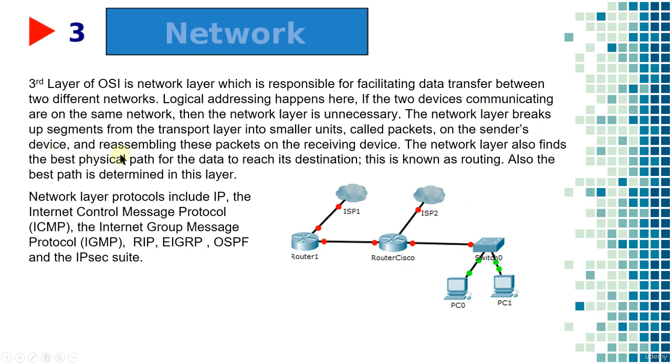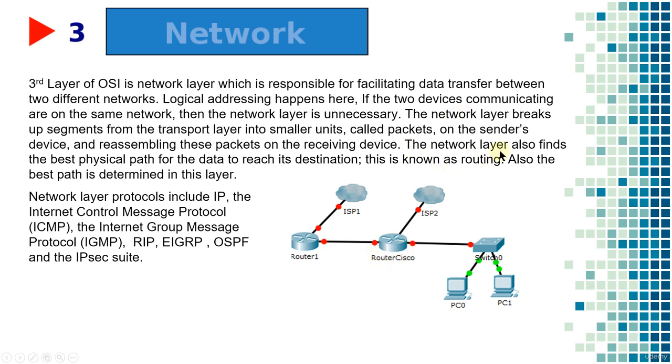This is done on the sender's device, and reassembling these packets on the receiving device. Just like in the transport layer, where the sender sends segments and the receiver reassembles them, in the same fashion in the network layer, when this router is going to send one packet from source to destination router, they are going to divide it into chunks, and they are going to reassemble those packets at the receiving end.